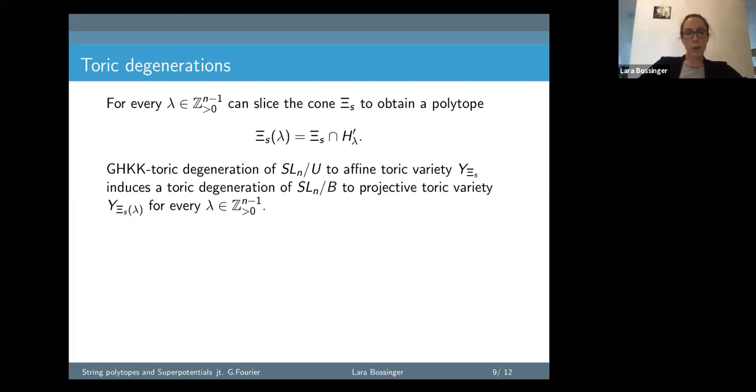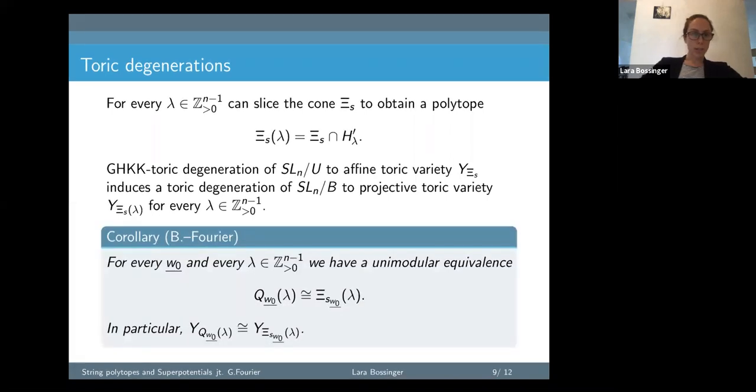And now the second result, or actually just the corollary of the first result, is that moreover, for every reduced expression of the longest word, these two polytopes are unimodular equivalent. So we had the string polytope of Littelmann, Berenstein, Zelevinsky, and its toric degeneration.